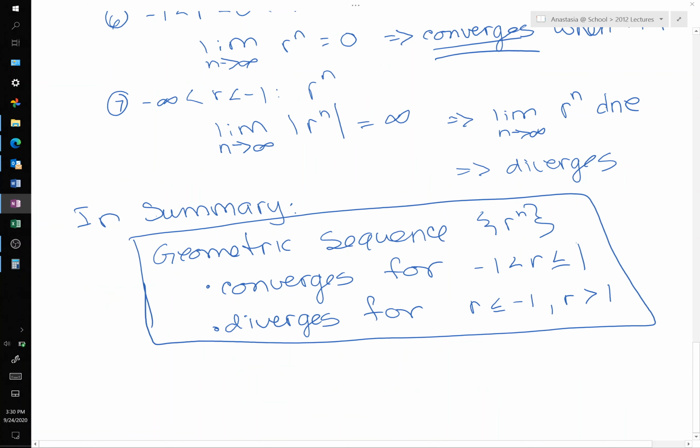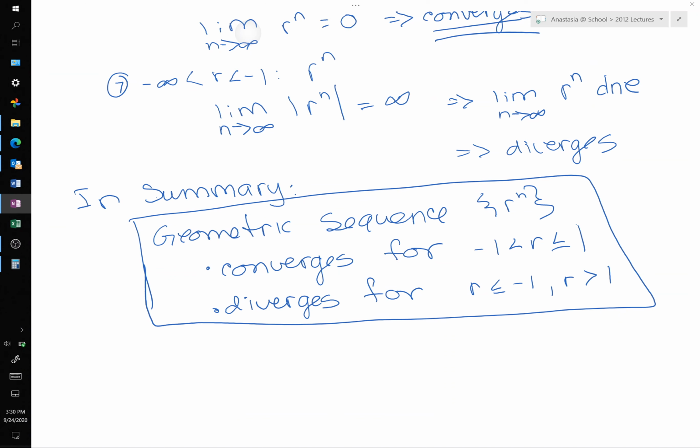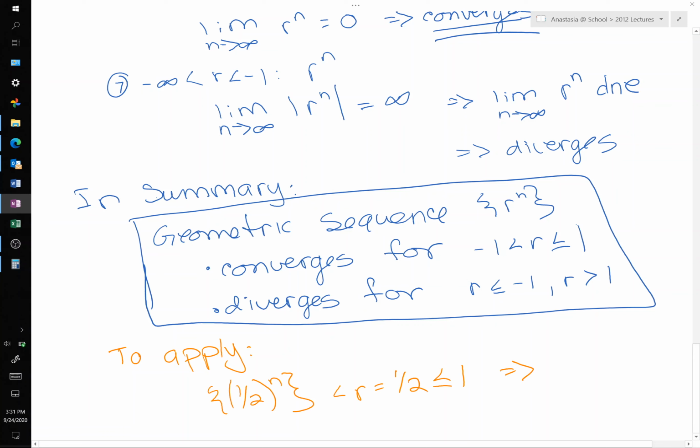So when you're applying this, if you are considering the sequence (1/2)^n, you could say r equals 1/2, which is less than or equal to 1, and bigger than -1, which means that it converges.